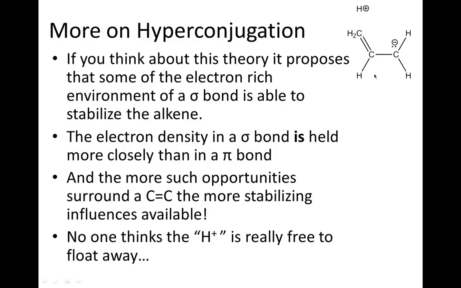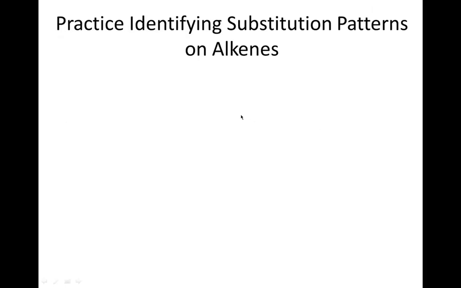So here's my extreme case, and getting this idea, if we give more carbon-hydrogen bonds around here, this is going to make more opportunities for this to happen. And so we're going to look for substitution patterns on alkenes, and that should give us an idea about what we can do.